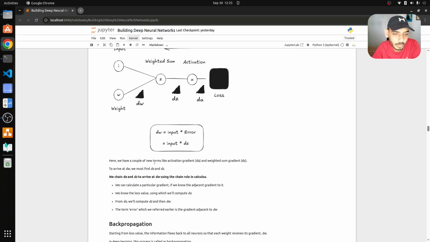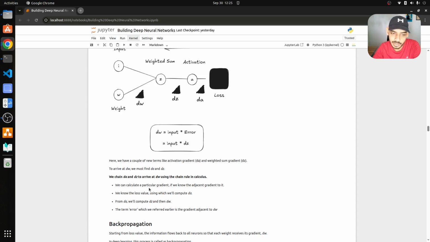Now here we have a couple of new terms like activation gradient, dA, and weighted sum gradient, which is dz. To arrive at dw, we must find dA and dz. So we first have to find these two values. There is a chain rule going on here from loss to dA, dA to dz, and dz to dw. We chain dA and dz to arrive at dw using the chain rule in calculus.